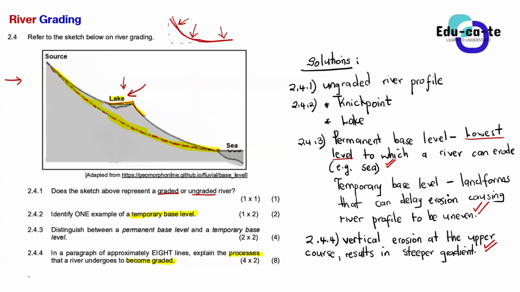But before we get to the lateral erosion, how do we even get to the lateral erosion? Remember, we move step by step. We talked about vertical erosion at the upper course. Headward erosion removes temporary base level of erosion in the upper course. What removes the temporary base level?